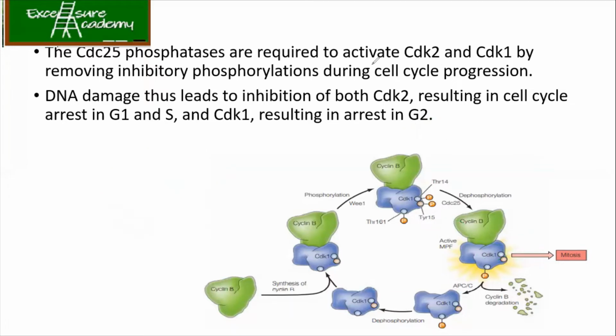And then we know that after mitosis, when the cell is entering G1, we have CDK4, 6, and CDK2 which forms a complex with cyclin E, which stays in the S phase.